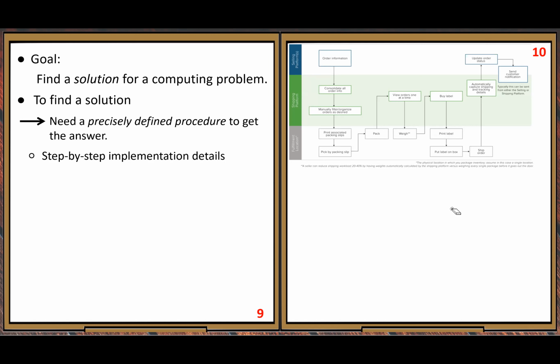Something like this one, a flowchart. Typically, if a project is relatively complicated, it's hard to get a good picture of the whole project. So you may need to draw a flowchart like this one.